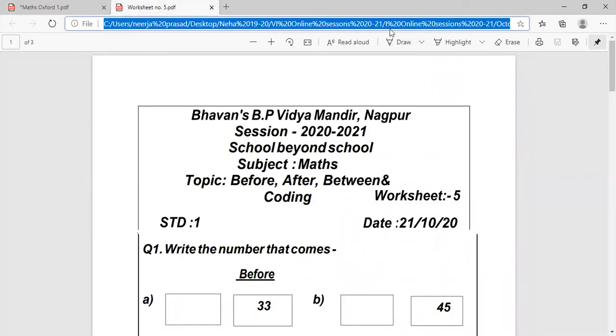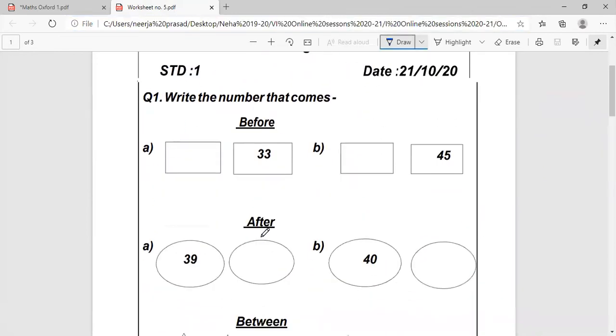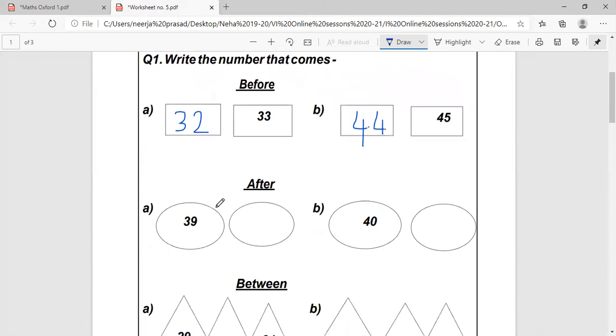Let's try to do the worksheet based on this. Same thing. Before, after, between, and coding. Write the number that comes before 33. You all know this. This is 32. Get ready with the worksheet. Number before 45. Before matlab pehle. After matlab baad mein.